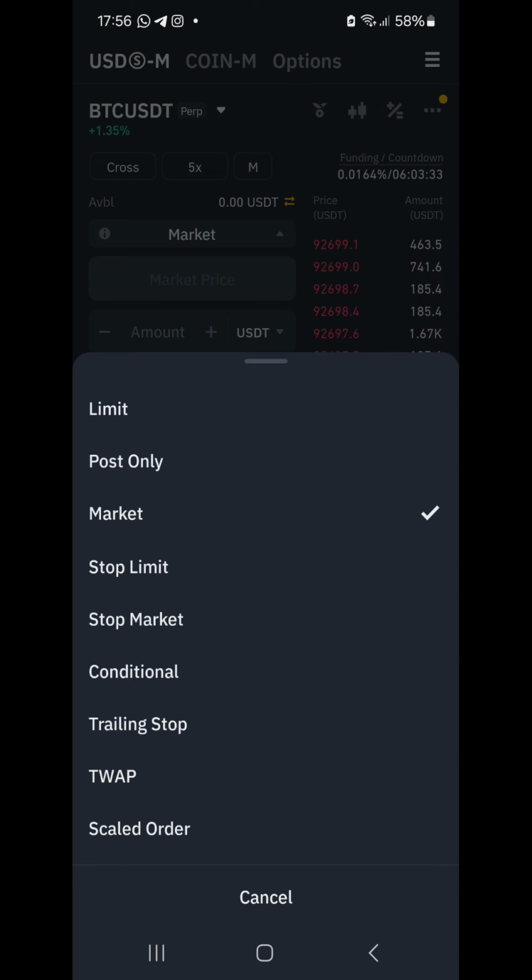Example: you want to buy $100,000 worth of Bitcoin, but you don't want to influence the market. What does it mean? TWAP executes smaller orders at regular intervals. Use case: best for institutions or traders managing large volumes.